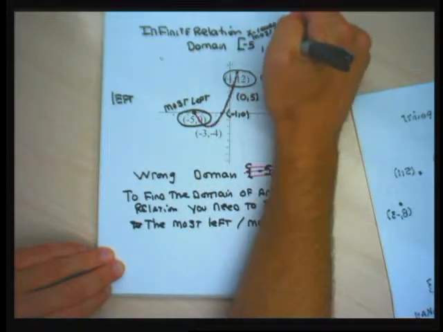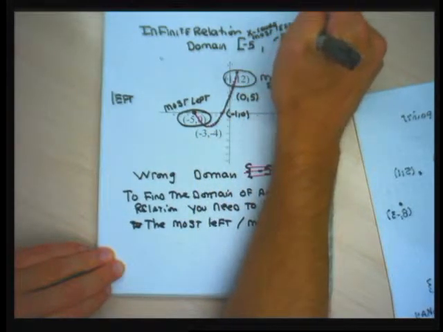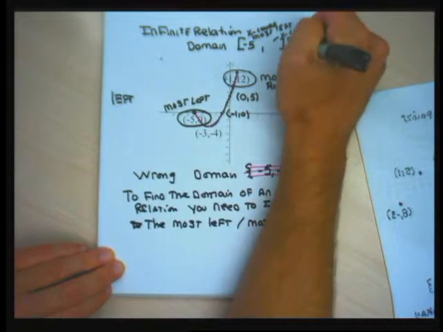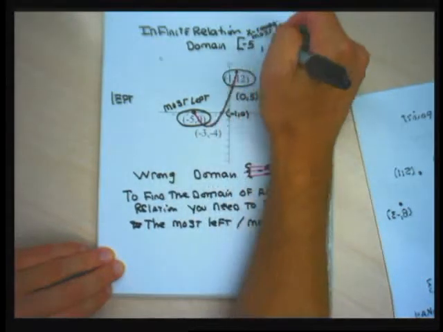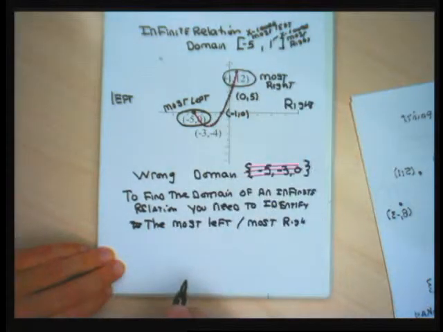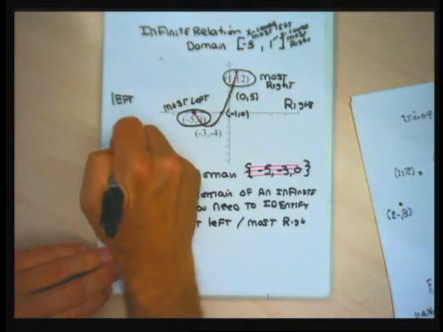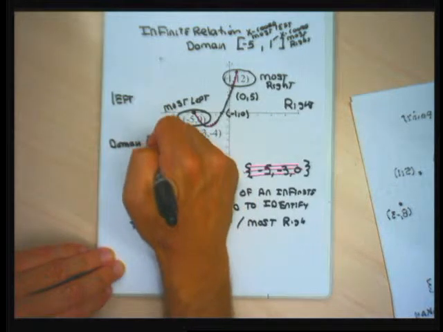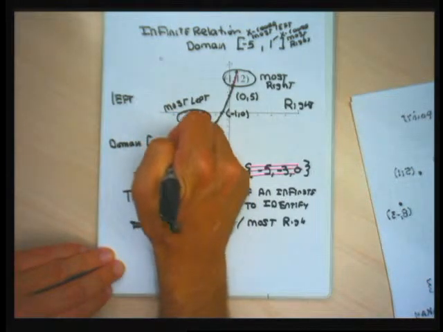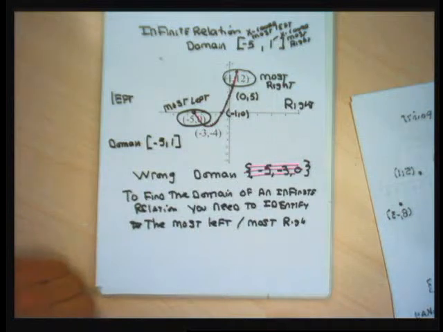And then I'm going to write the x coordinate of the most right point. The most right point is the point 1, 12. Its x-coordinate is 1. So for this problem, the domain is not the numbers -5, 3, 0. It's the interval from -5 to 1. And what that tells somebody that reads mathematics is if you give me a number between -5 and 1, I could find a point on the graph that has that as its x-coordinate.